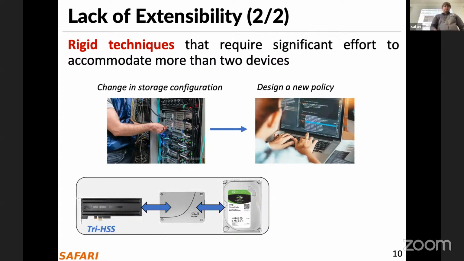I'll give you an example. When you take CDE as an example and want to move data from the fast device to the slow device, at some point you need to determine where to evict this data, whether to the middle device or the slowest device. These kinds of challenges arise when you take these prior approaches and try to extend them.